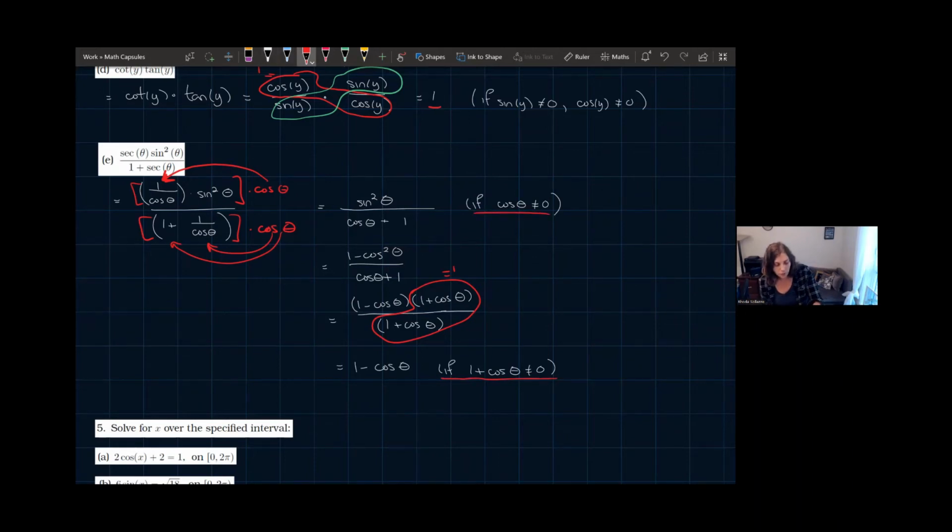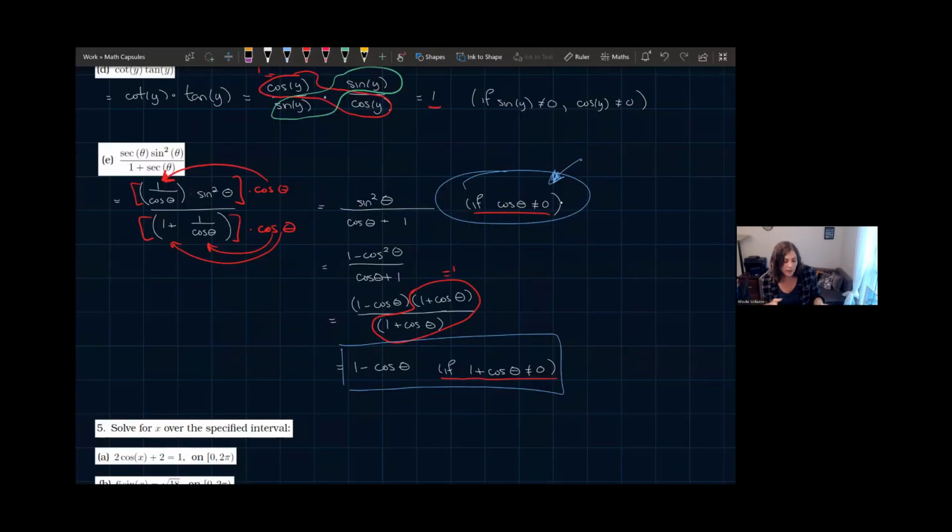Okay, so I have two kind of conditions here. My solution only makes sense if 1 plus cosine is not 0. And my solution only makes sense if cosine is not 0, because those are the two times that I divided by something that could be 0.